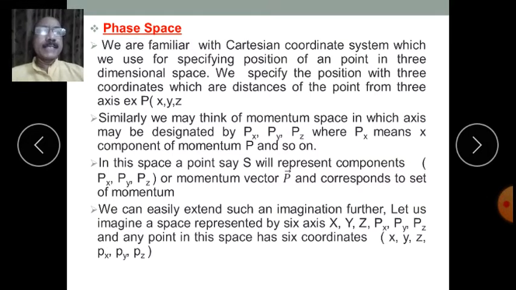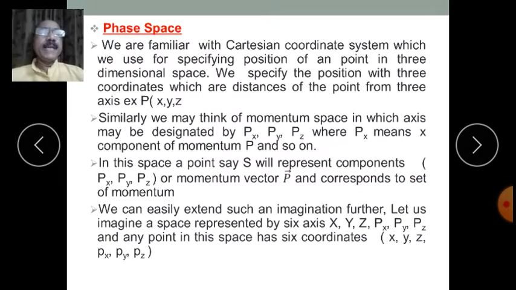Instead of x, there is an axis representing px. There is an axis py instead of the y-axis, and an axis pz instead of the z-axis, which represent the momentum of the particle, the components of momentum of that particle.